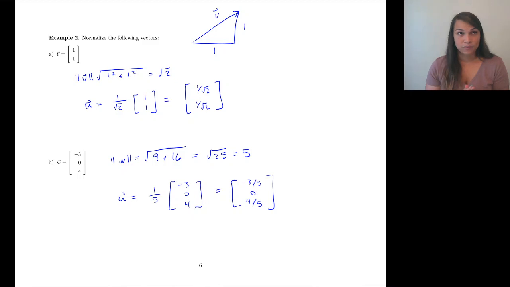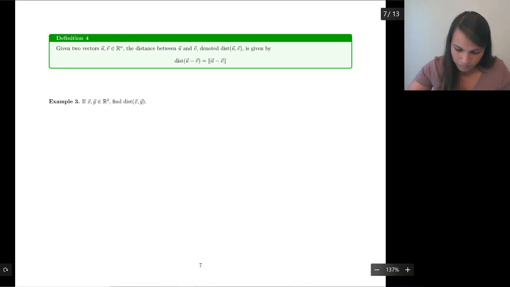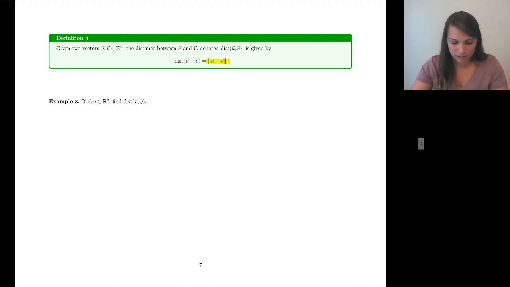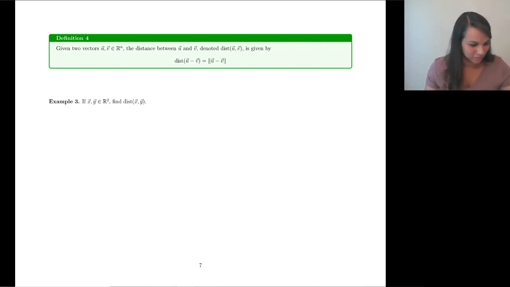So next, we've talked about length of vectors. What's another thing that goes with length? Distance. So we're going to talk about distance between vectors. Distance is going to be given by just subtracting the two vectors and taking the magnitude. You're like, why does that work? Let's go ahead and see why that works in, once again, 2D. We love 2D.